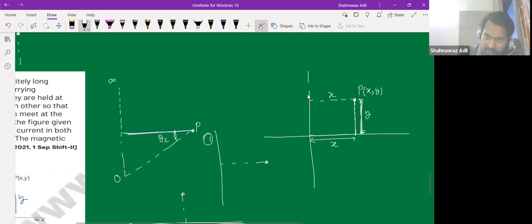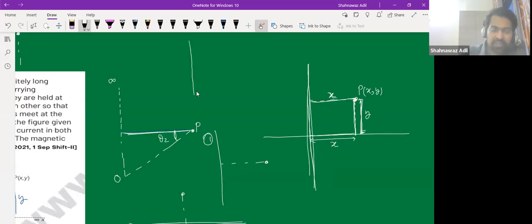For this wire, this point is situated at x distance because this coordinate is x comma y. So this is x distance, this is y distance. If I take this wire, this is my x distance.